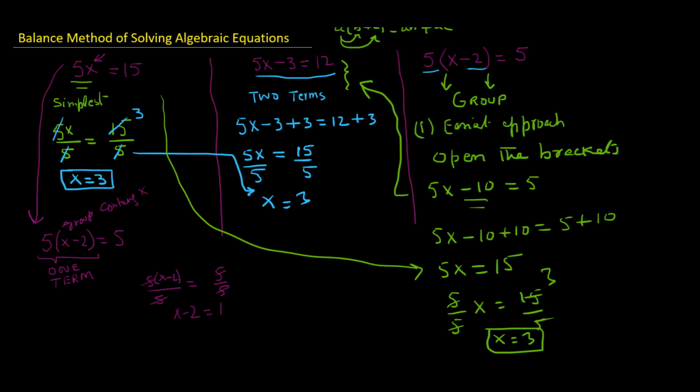Remember, when they cancel out, 1 is remaining, not 0. So now we have two terms, so we can remove this 2 by adding 2 on the left hand side and adding 2 on the right hand side. So x on the left hand side and 3 on the right hand side. So if there is only one term, you can divide as well.